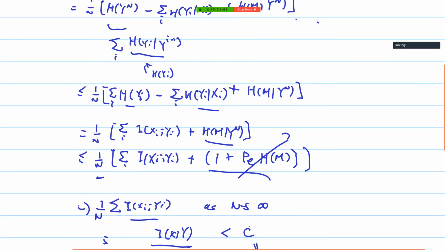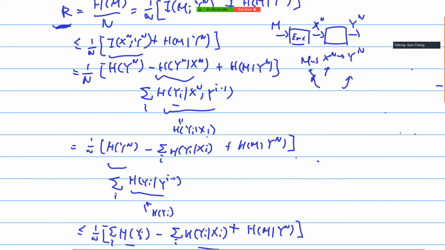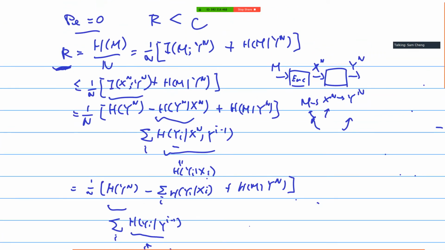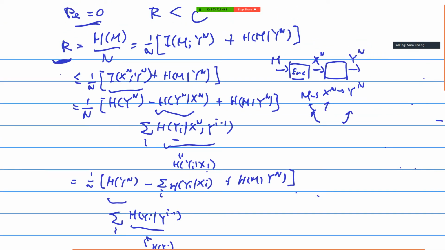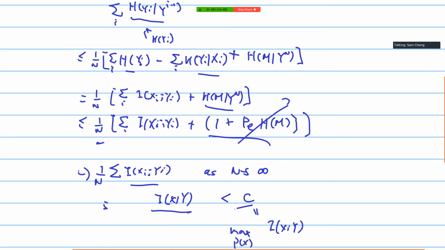So therefore this shows that whenever the probability of error is equal to 0, the rate has to be less than the capacity. And this finishes the converse proof. And that's it for the converse proof.